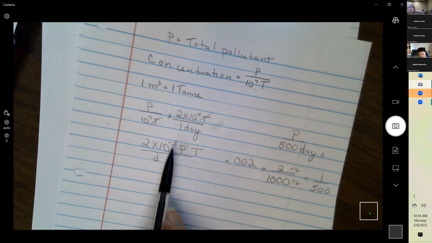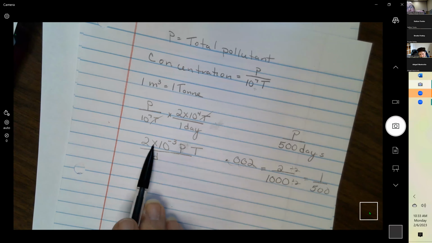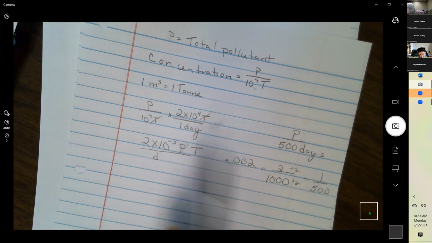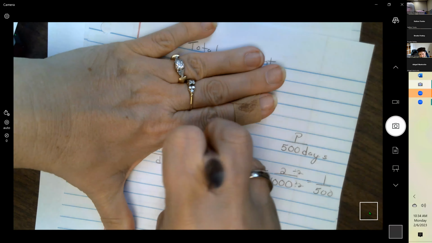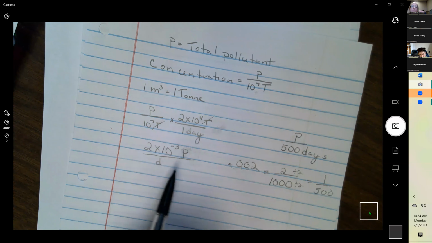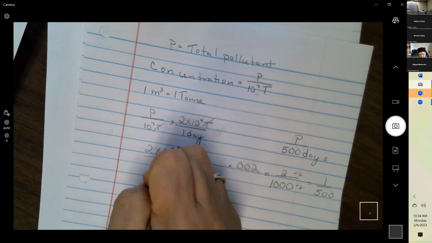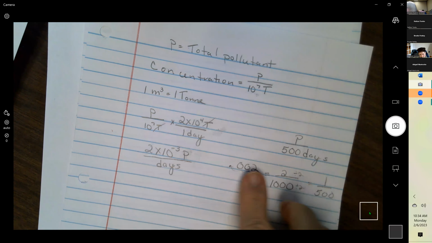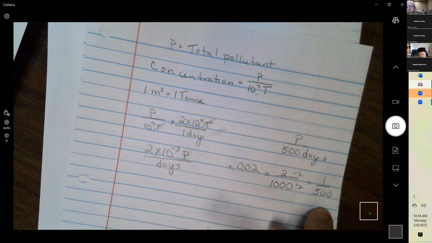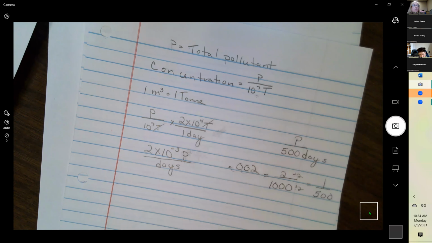Because this was a little awkward and small, and we don't know what P is to multiply it times, we don't need the T there, because a T can cancel. But we don't know what the pollutant is. So then they rewrote it as a fraction to make it easier: one pollutant takes 500 days.